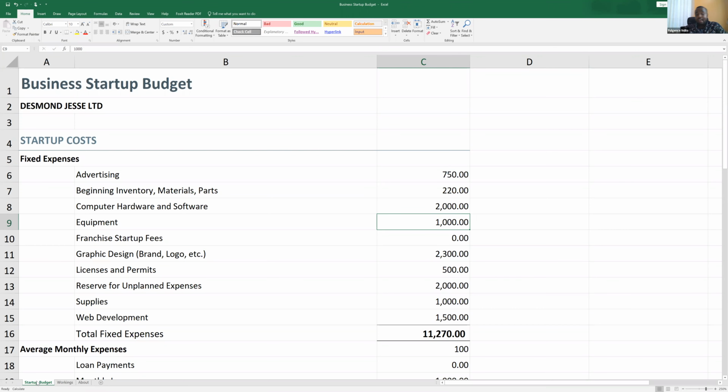And if you have not itemized it, trust me, you'll start gambling, and the investor will see that you are not serious with your pitching idea, not serious with your business. But if you have these workings and the details in your budget, it will help you pitch your idea very well to an investor.